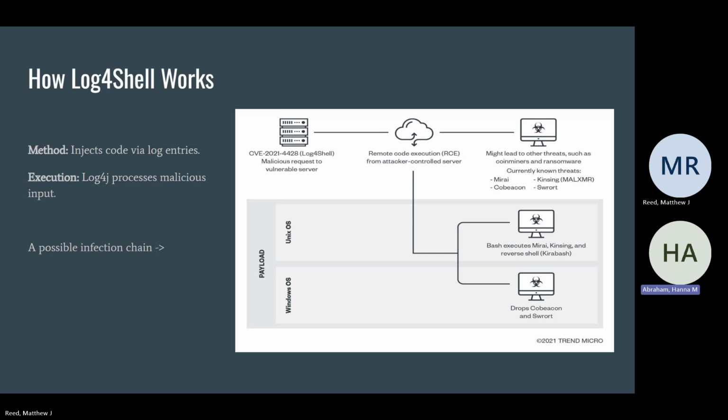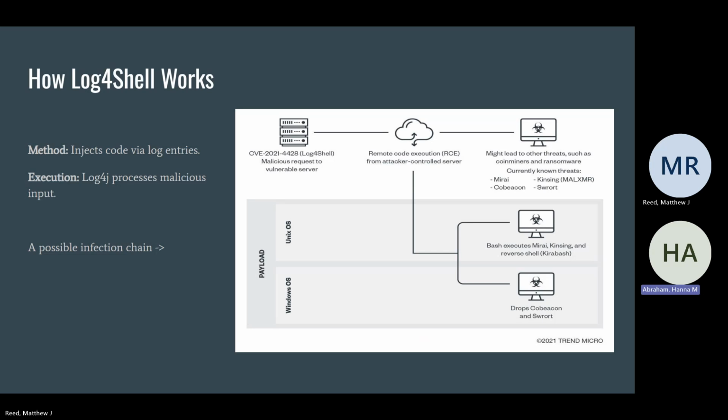In the logging process, when the Log4j library processes this incoming data, it attempts to log the information. However, due to the vulnerability, Log4j does not properly validate the input. Instead of treating the incoming data as plain text, Log4j interprets the malicious string as executable code, and as a result, Log4j, without knowledge, runs this code on the server.